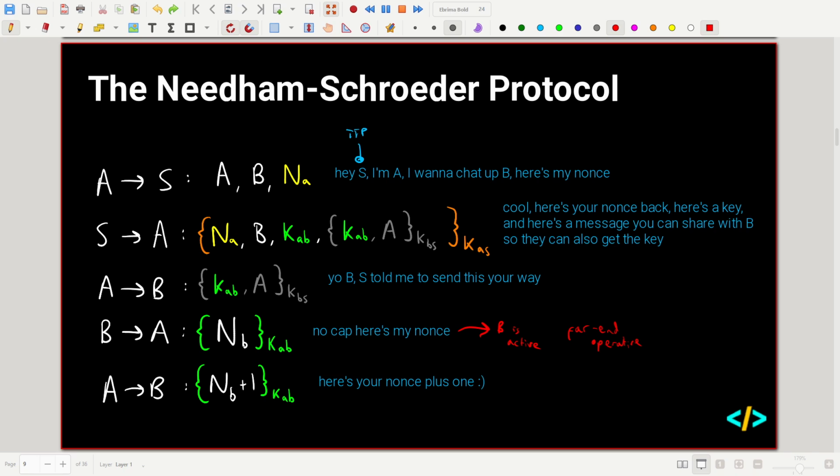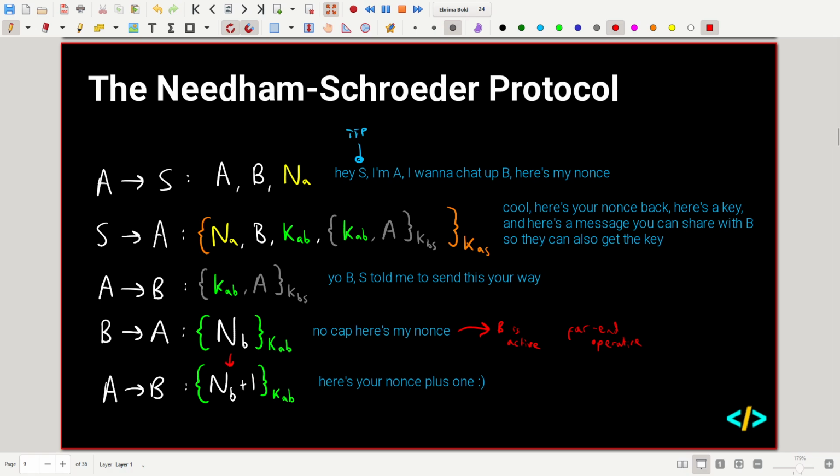So yeah, if A was just sending this, then this could be anyone. This could be like Charlie sending this, because they've just read this message and they're just sending it again. So by doing the +1, it forces A to decrypt this message, because only A can decrypt this message because they have this key. It forces A to decrypt this message, then perform the arithmetic on it of adding 1. This could just as well be like -1 or +10 or +100.